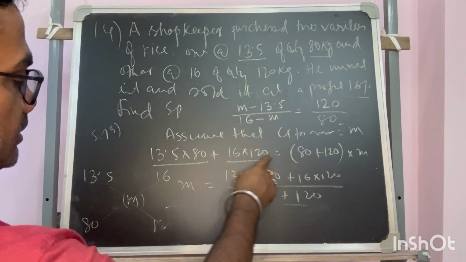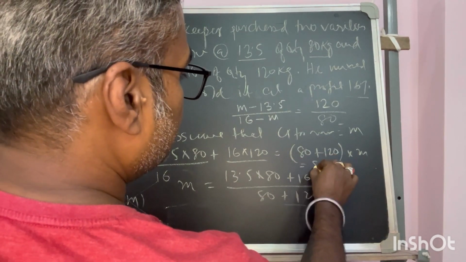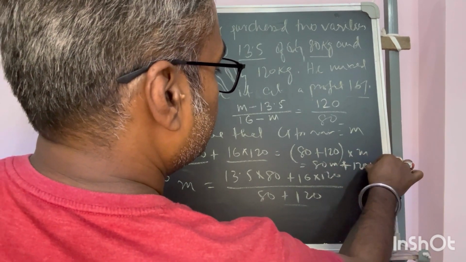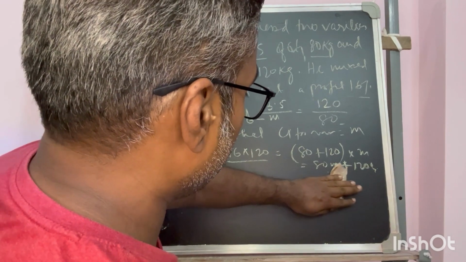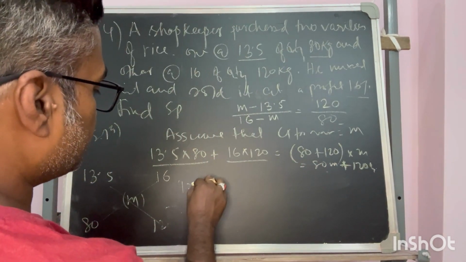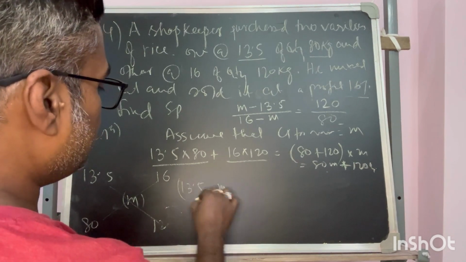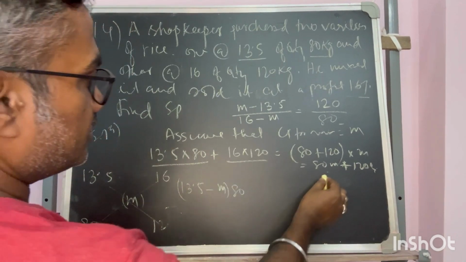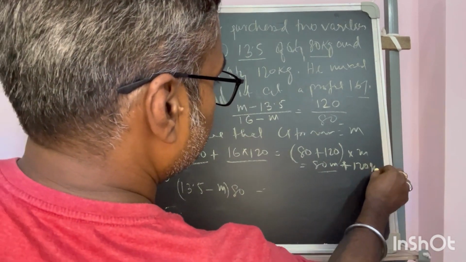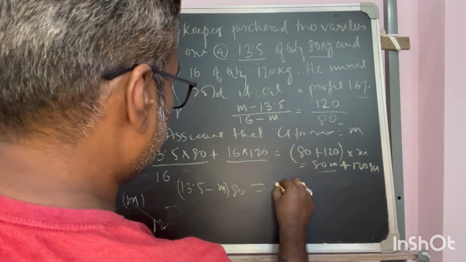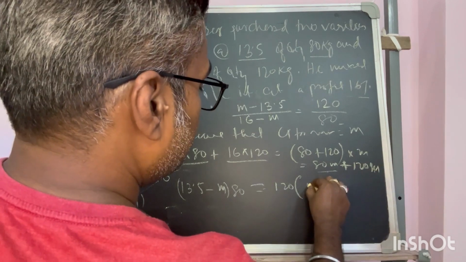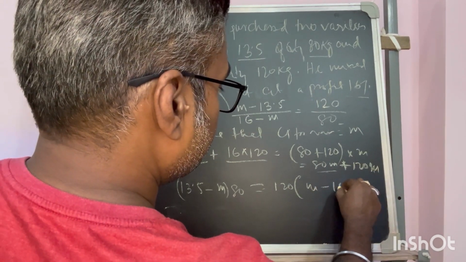How? Let's see. If I elaborate, it is 80 into m plus 120 into m. Now I'm not going to the formula directly. So if 80 is brought here, it will be 13.5 minus m into 80. This I bring to this side, and this I put on that side. This will be multiplied with m. If I take 120 common from there, it will be m minus 16.